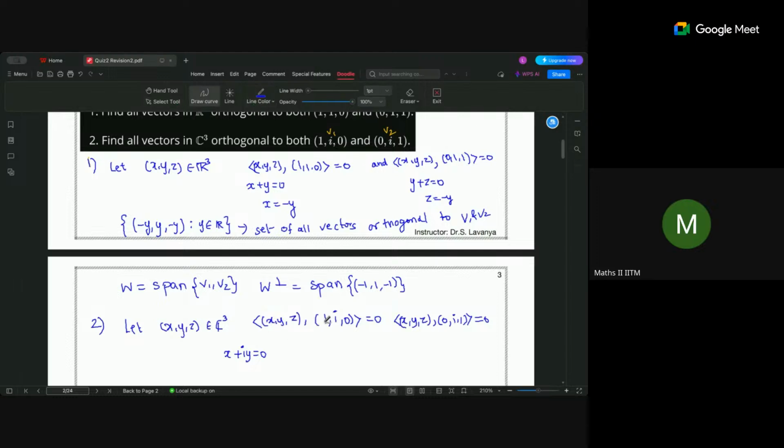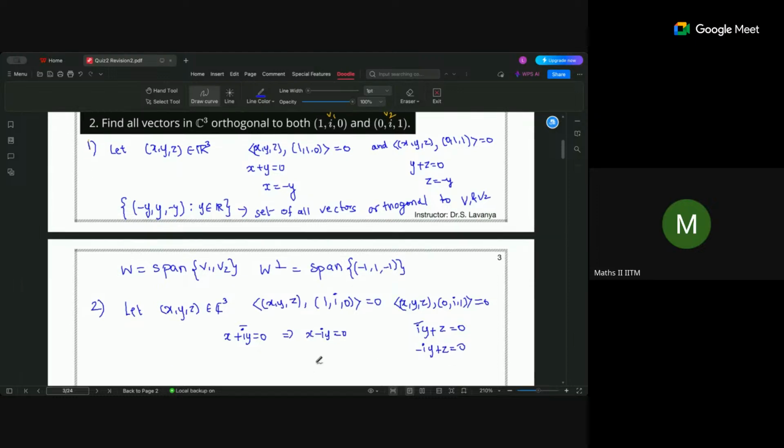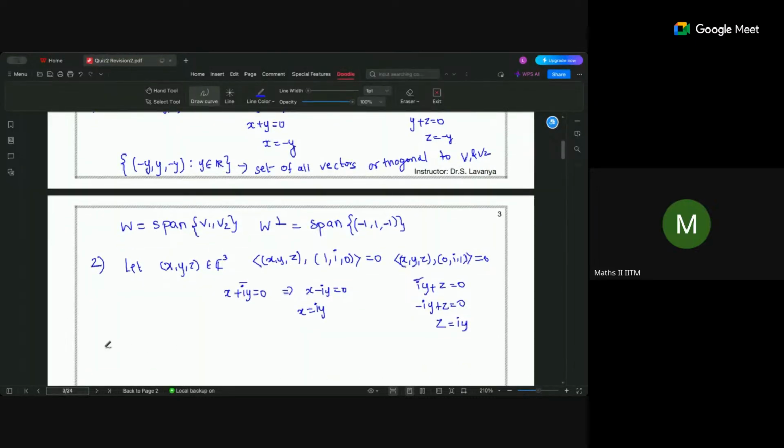So here you have x plus i bar y, which means x minus iy equals 0. And here you have i bar y plus z equal to 0, so minus iy plus z equals 0. So you have x equal to iy and z equal to iy. Now what is the set of all vectors orthogonal to these two vectors v1 and v2?